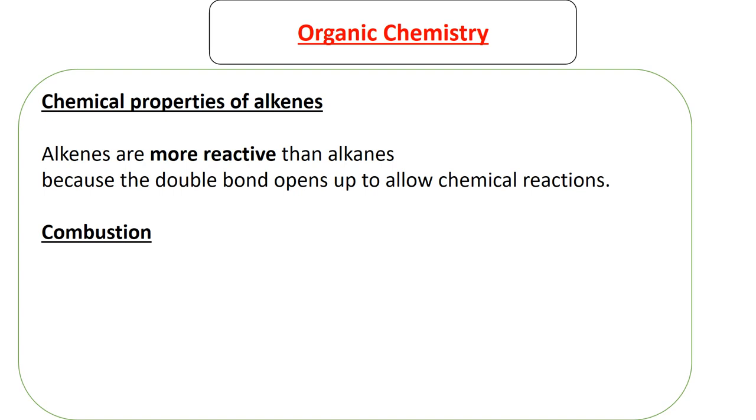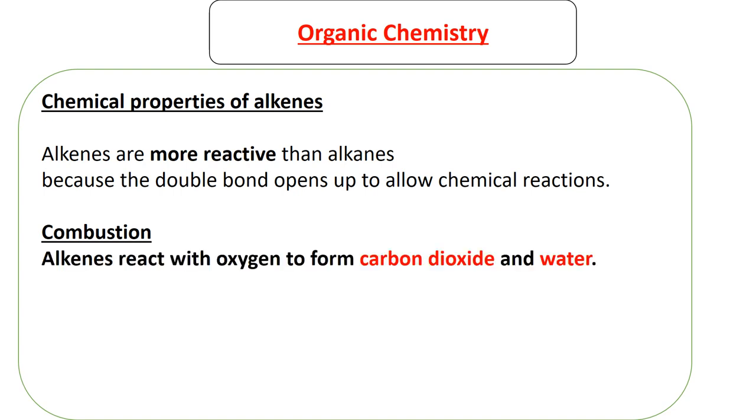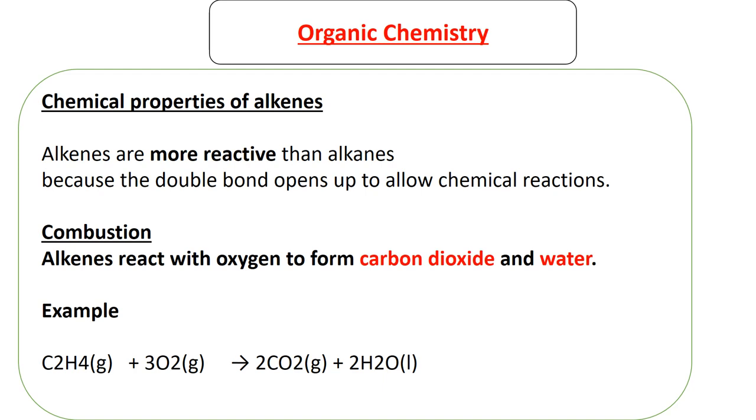No, we're just going to give a brief summary of what happens in combustion of alkenes. So alkenes react with oxygen to form carbon dioxide and water. So here is an example where we have ethene reacting with oxygen to form carbon dioxide and water. Nothing complicated here, something that we already know.